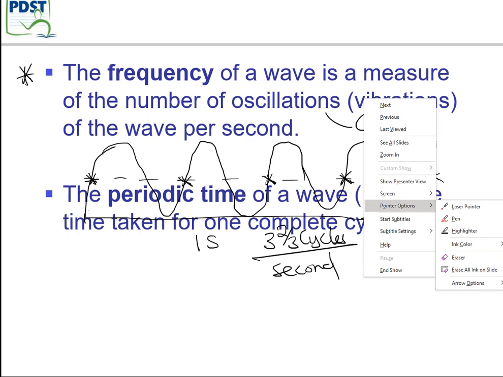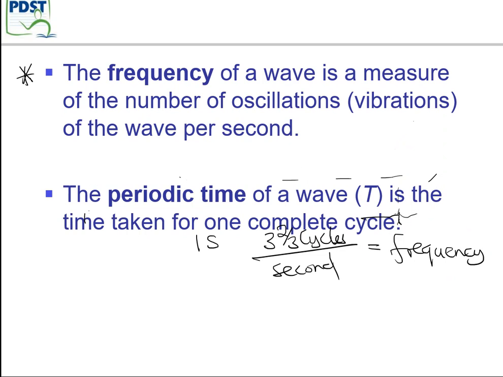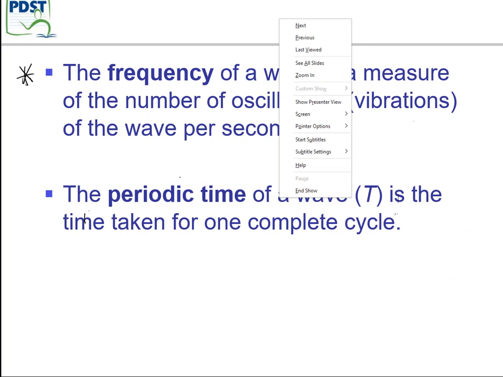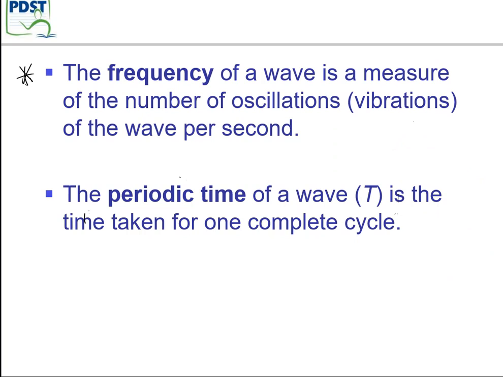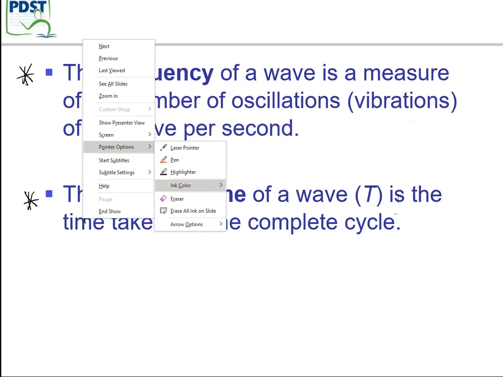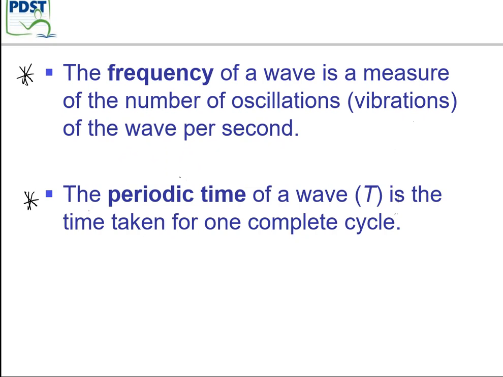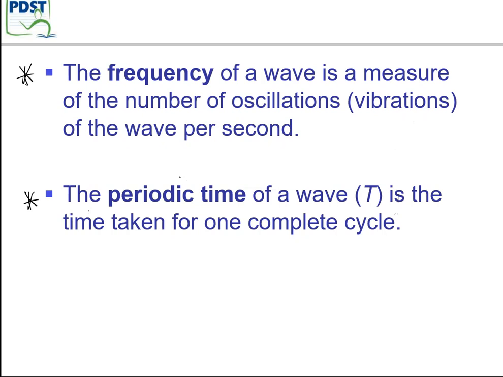Now, apart from frequency, I'm going to erase this part. We have what we call the periodic time of a wave. So a period is just time taken. So a period is the time taken for one complete cycle.